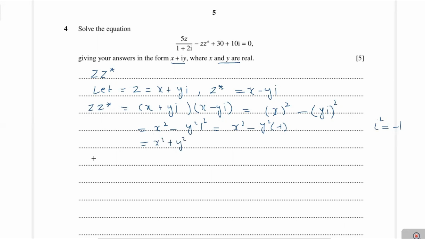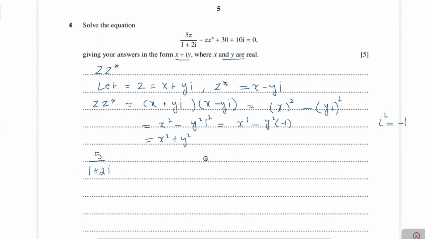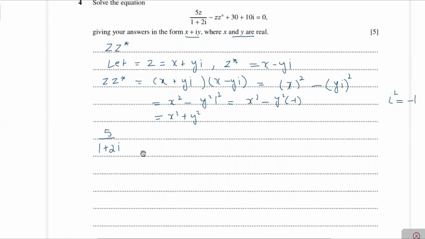And same here is the 5 over 1 plus 2i. We convert this value into the rational form. Now this is the 5 over 1 plus 2i. Now we rationalize it. We multiply and divide this fraction by the conjugate of this, 1 minus 2i over 1 minus 2i.